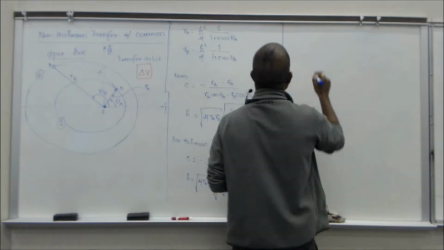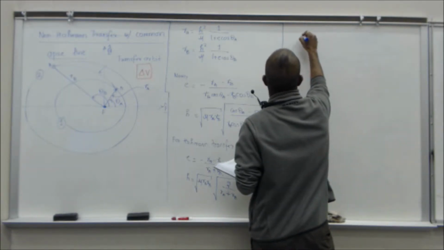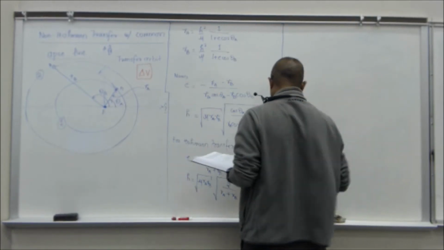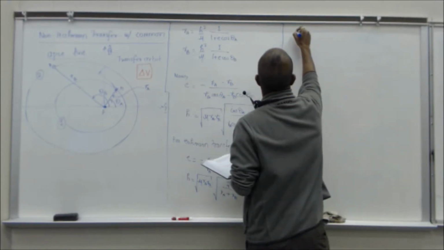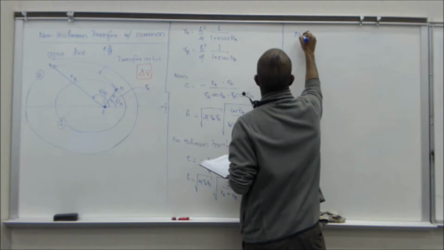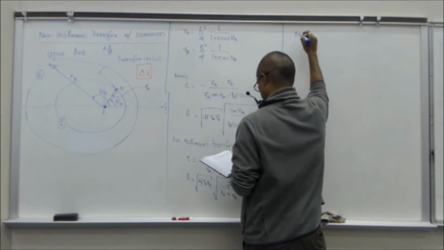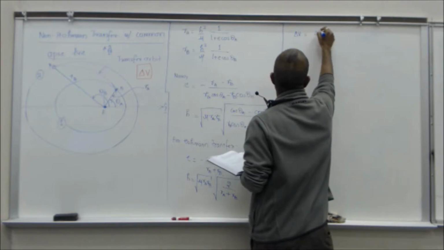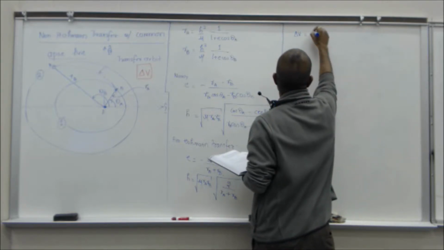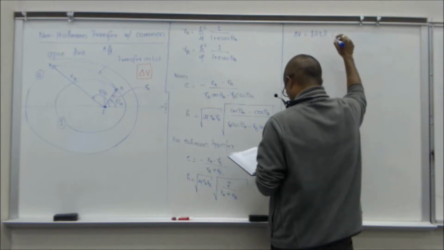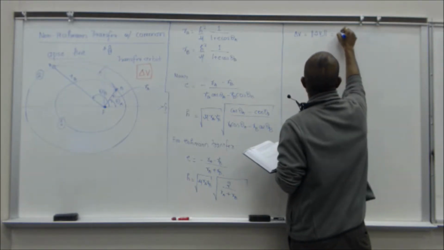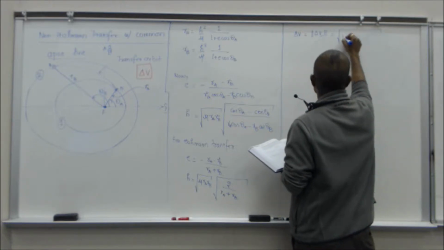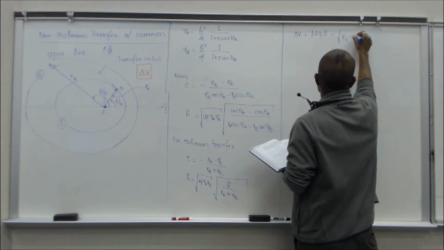Delta V is equal to the magnitude of V2 minus V1.